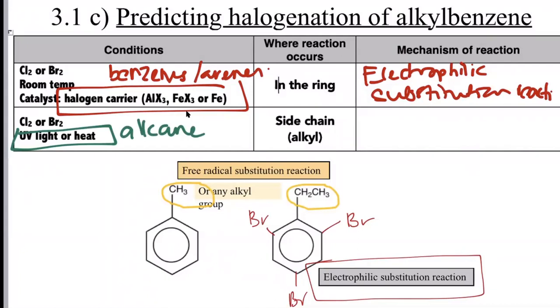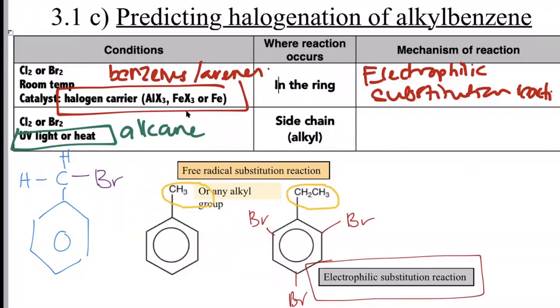If I just redraw this molecule, CH3. This reaction is called a free radical substitution reaction. So what happens is the carbon-hydrogen bond on the side chain will be replaced with the halogen.